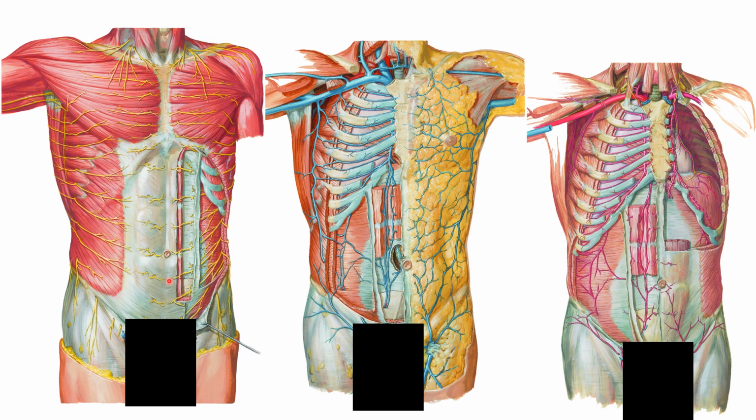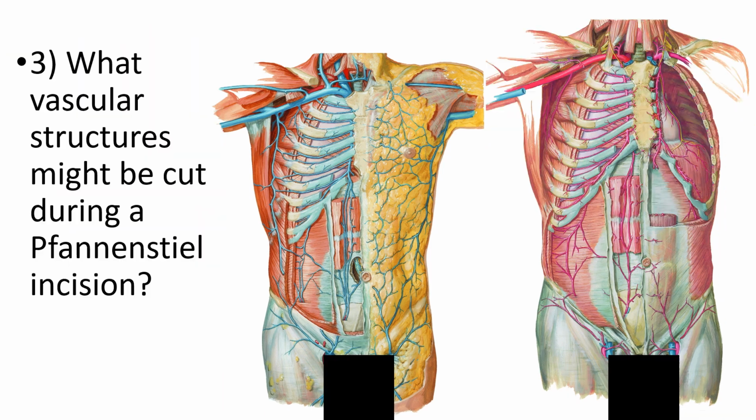That's why the Pfannenstiel incision is convex, not horizontal, and also not vertical. So in these three pictures, in the first you can identify the segmental nerves, in the second the veins present in the abdominal wall below the umbilicus, and in the third the arteries present below the umbilicus.